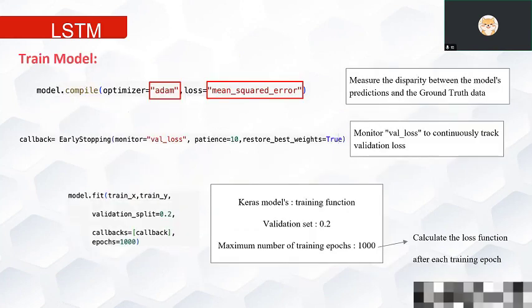To optimize our model, we use the Adam optimizer and mean squared error as the loss function. We evaluate the difference between the predictions and the ground truth data with validation loss to ensure model performance, utilizing early stopping to prevent overfitting. During training, 20% of the dataset serves as validation data, enhancing accuracy and efficiency.